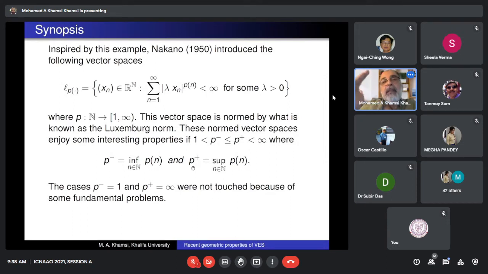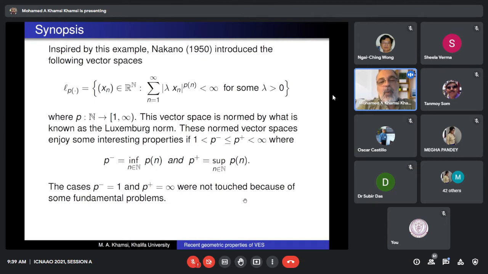Of course, depending on what you are looking for, instead of the infimum and supremum you can consider the lim inf and lim sup, okay? But in general, we're looking at the infimum and the supremum.